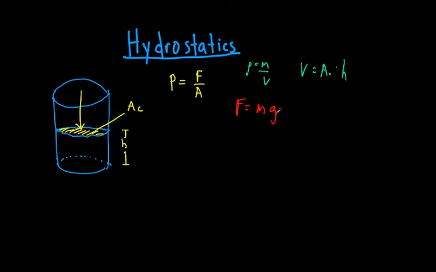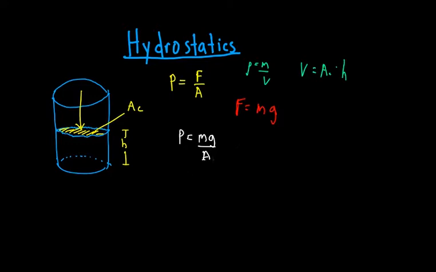All right, let's see what we can play around with. If pressure equals force over area, then I'm going to say that pressure is equal to mass times gravity over area. And I do have an equation for area, right?